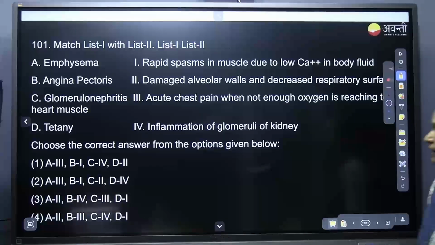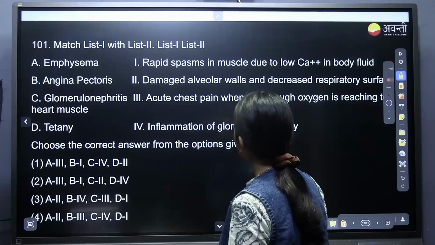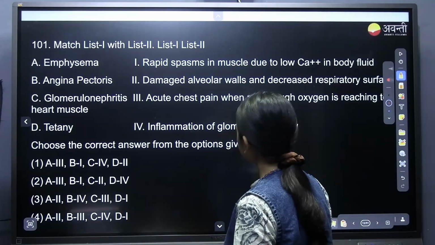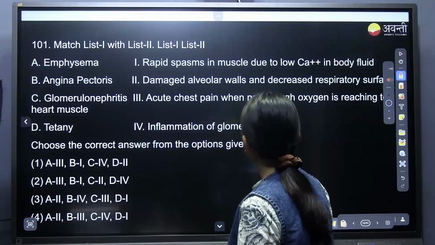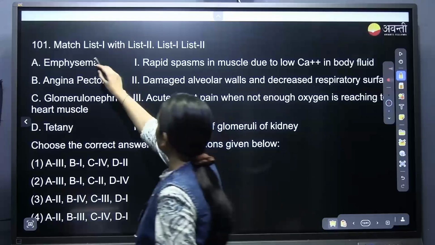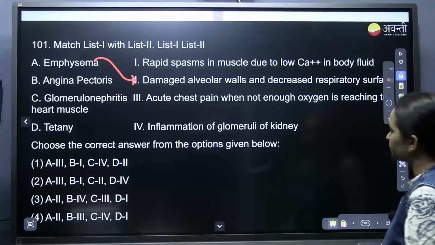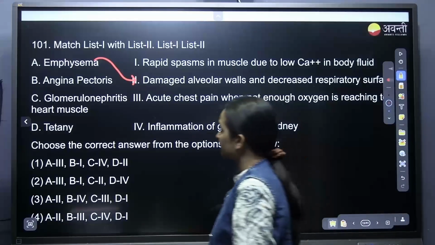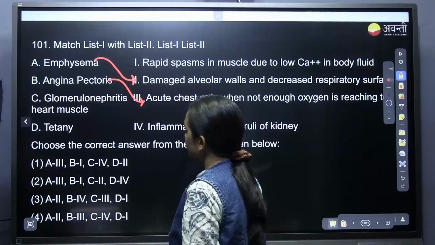Match list 1 and 2. Emphysema means damaged alveolar walls and decreased respiratory surface. Angina pectoris is acute chest pain.